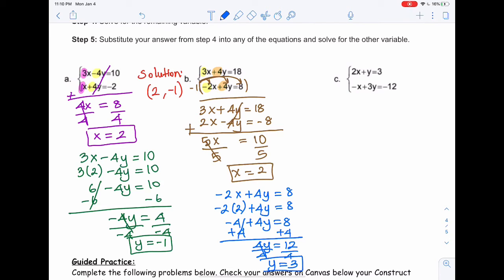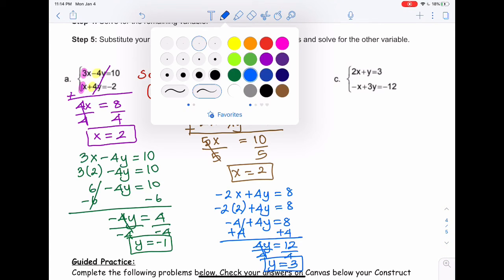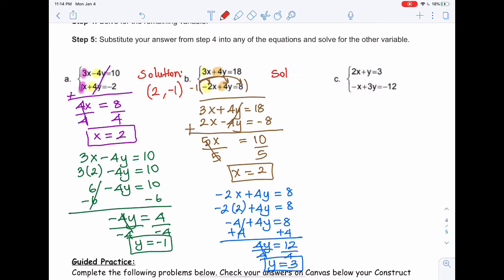So y is 3 from this equation. Don't forget to check your answers. And our final step is to write the solution in ordered pair form. So our solution is 2 and 3.